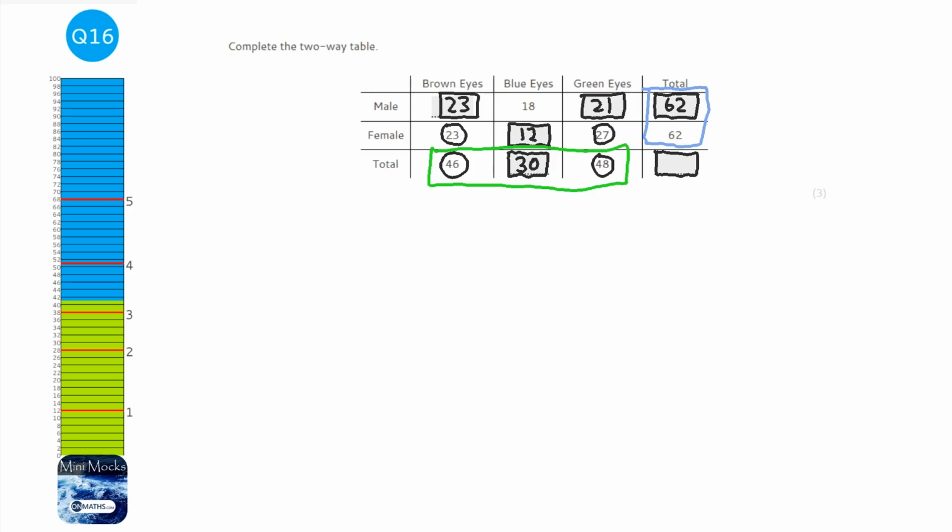So 46 plus 30 plus 48 is 124. And let's just check that. 62 plus 62 is also 124. So don't ever write down 248 because that's not correct. So in total there are 124 people whose eye colour was checked.